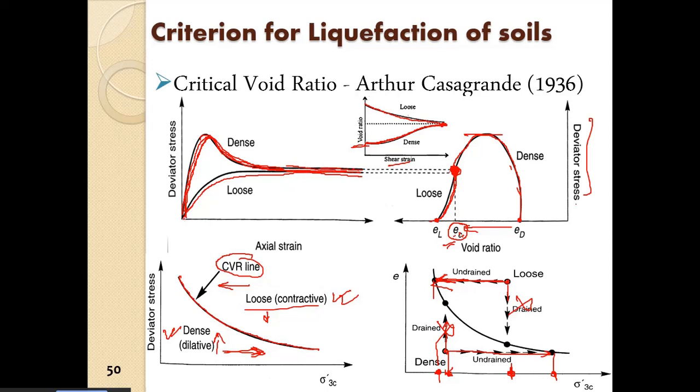Similarly for the loose sand, the deviatory stress will increase and stabilize at a particular value. That is the failure state of the soil, and there is continued deformation with no volume change at that point. We have reached the critical void ratio, and there is continued deformation for the maintained deviatory stress with no volume change.